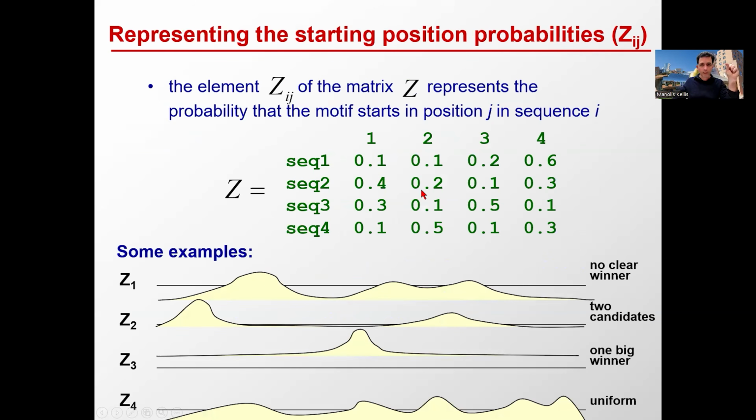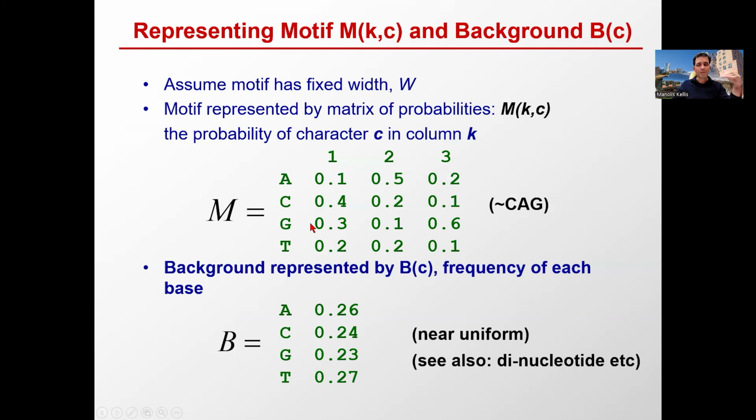you can calculate for every motif the probability that a position is a match for that motif. How are you going to do that? You're basically going to do a likelihood ratio. What is the probability that this particular sequence was generated by the motif? And what is the probability that this DNA sequence was instead generated by the background?